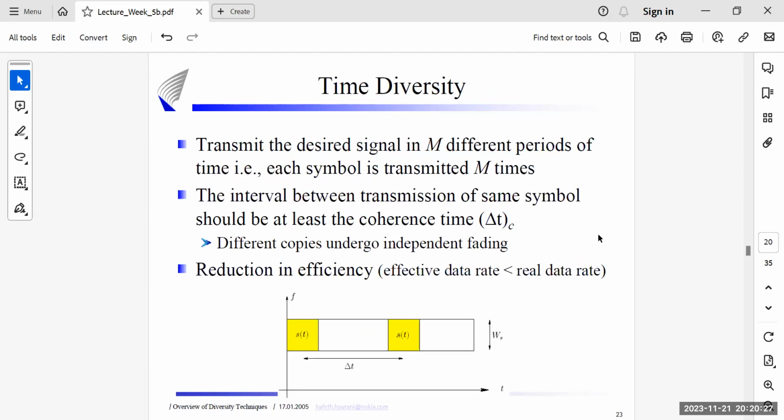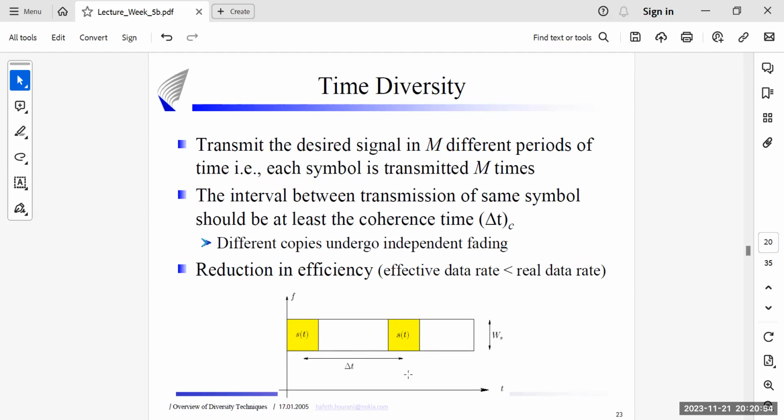Yes. Next is the time diversity. You transmit the desired signal in M different periods of time. Each symbol is transmitted M times. The interval between the transmissions of the same signal should be at least the coherence time. So how much should be the difference between the two symbols that are transmitted? The difference should be at least the coherence time, because within the coherence time, the channel is going to behave in the same way.